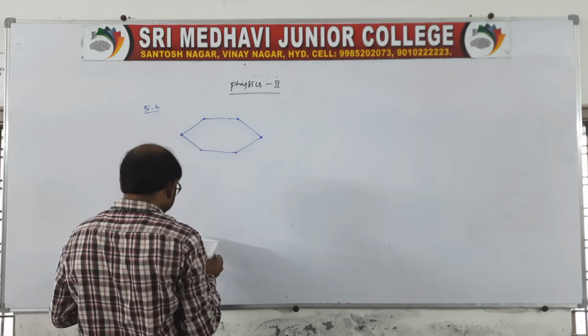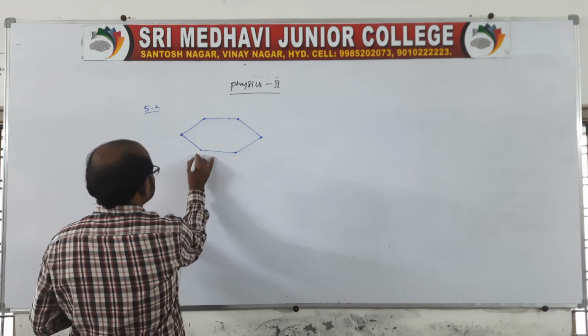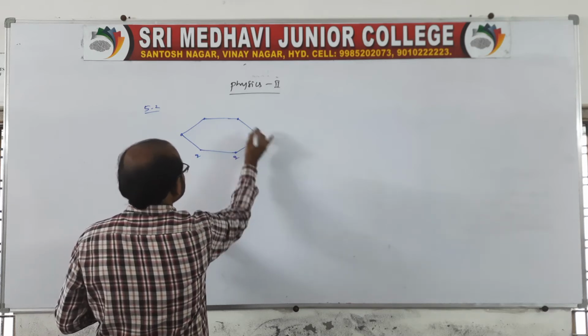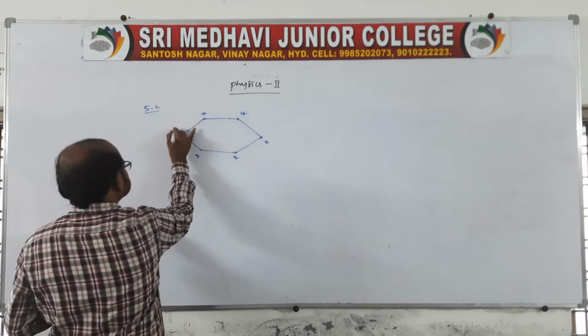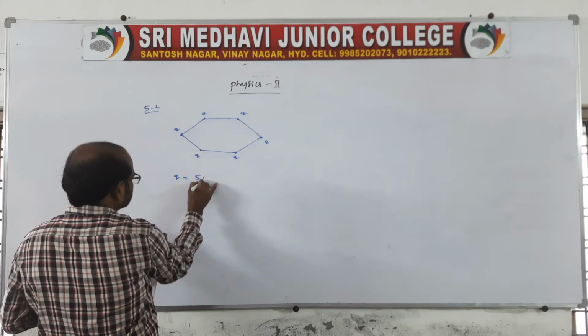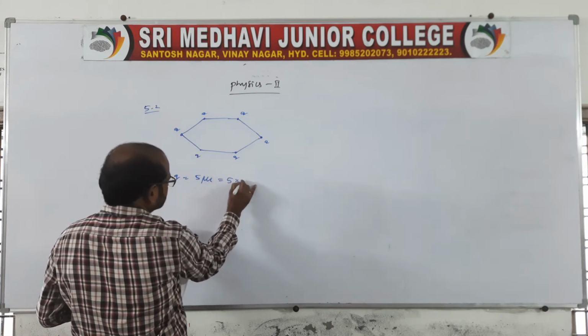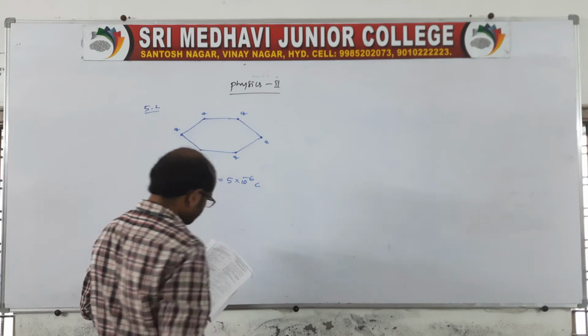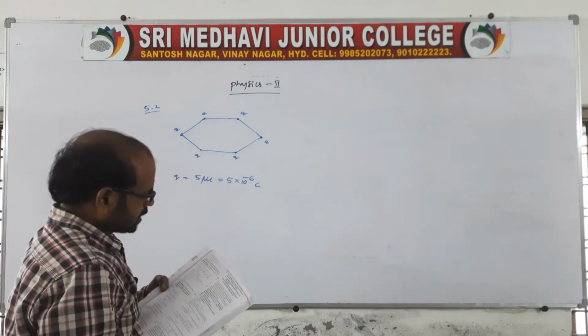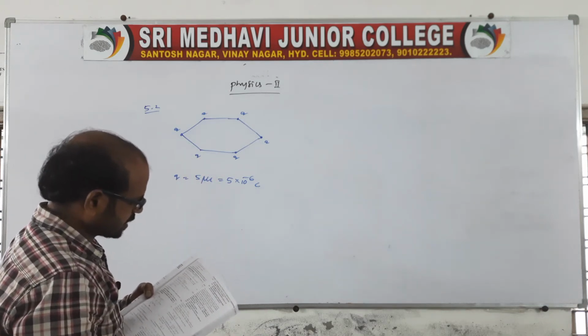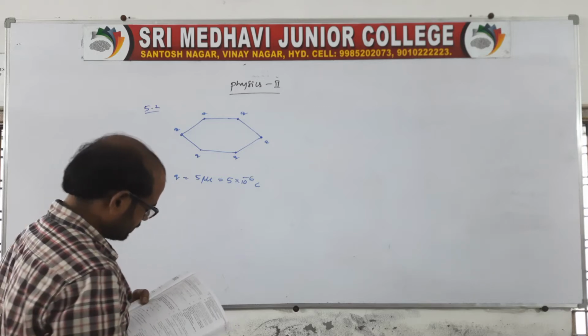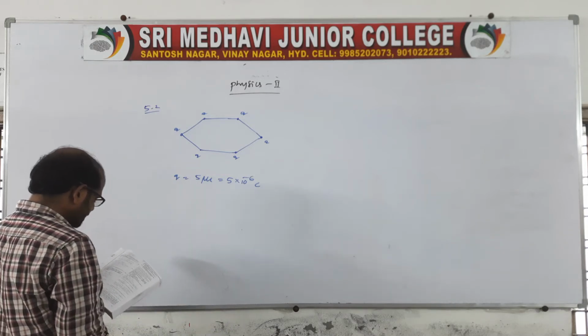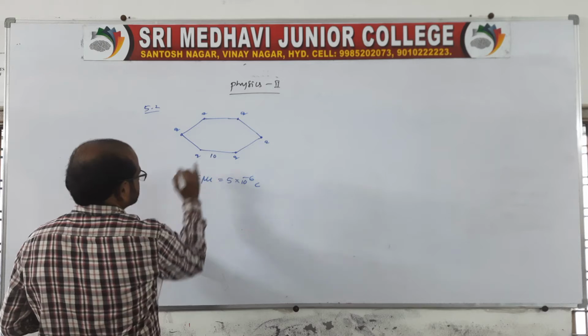Each charge is given as Q, placed at each vertex. Q is equal to 5 microcoulomb, 5 into 10 power minus 6 coulombs. Each side is given as 10 centimeter.